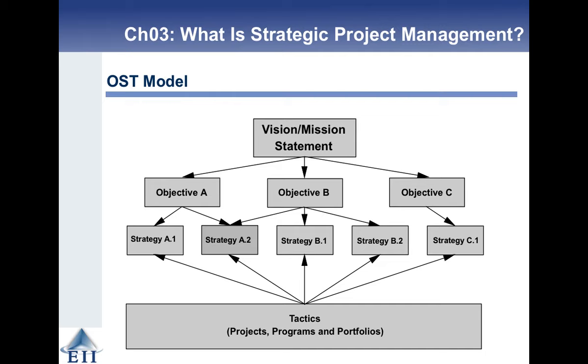Within that mission statement, you may be able to derive 3, 4, 6, maybe 8 top line objectives. What are the objectives of the organisation? For each of those objectives, you may have a variety of strategies that you're going to roll out to try and achieve those objectives.